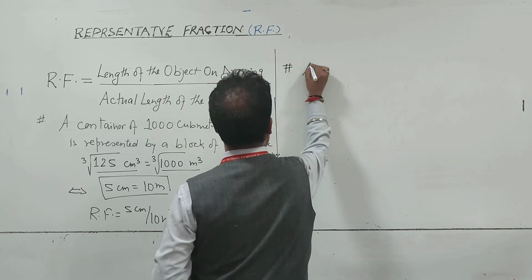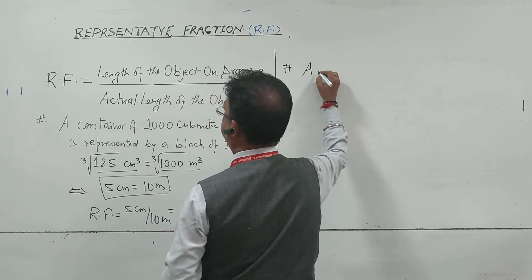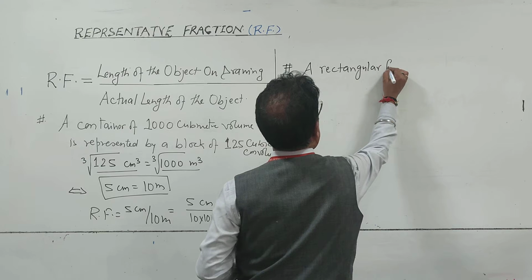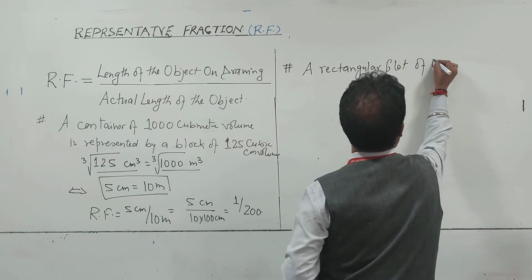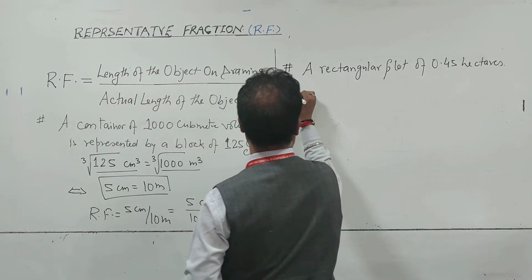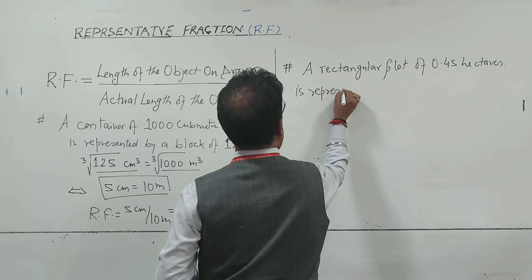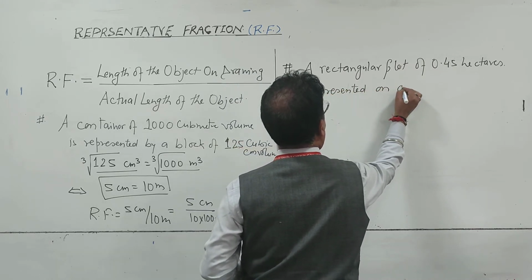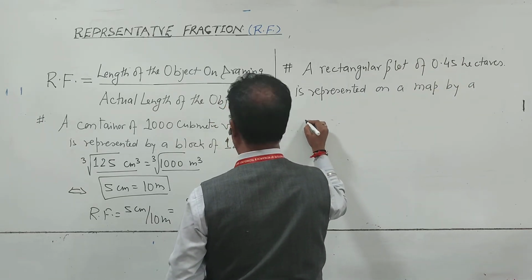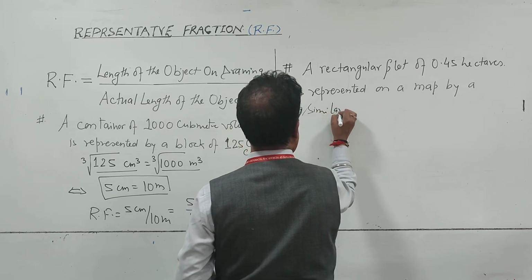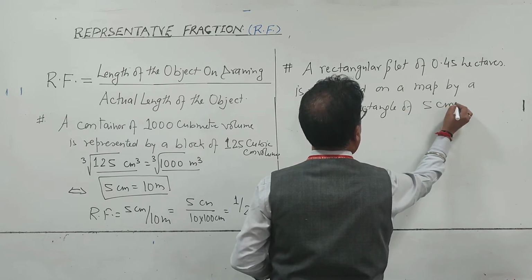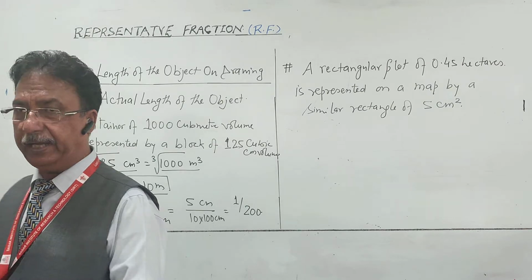The proportion will be like this: a rectangular plot of 0.45 hectares is represented on a map by a similar rectangle of 5 centimeter square, or 5 square centimeters.